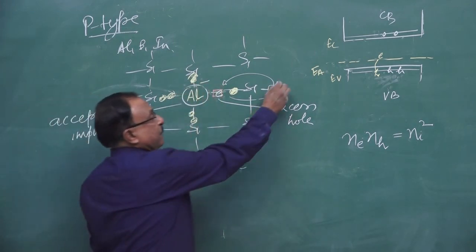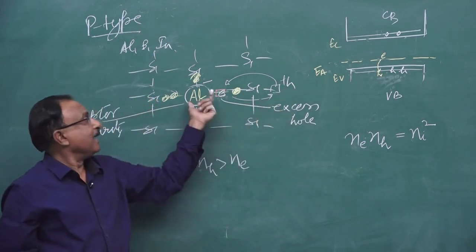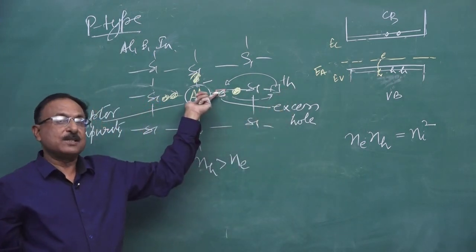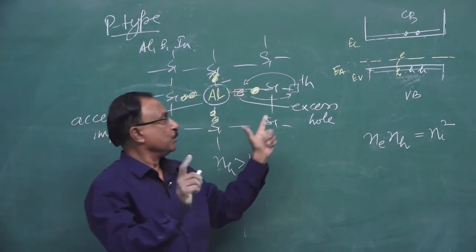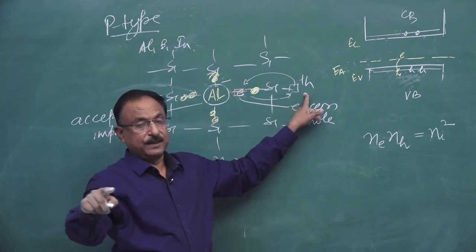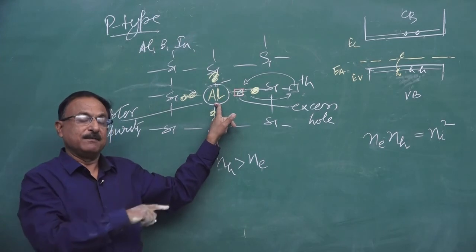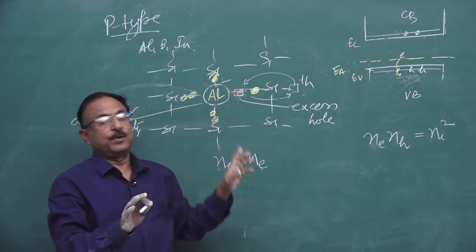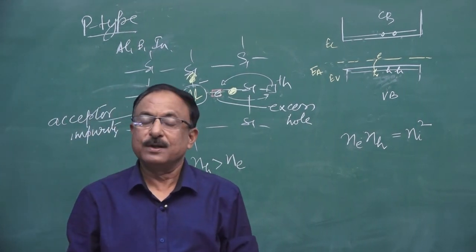So with every positively charged hole which is moving in the lattice structure, a negatively charged acceptor ion will be left behind. So simultaneously two charges will be there: the hole moving in the lattice structure and the fixed, negatively charged acceptor ion. Therefore, like the N-type, the P-type semiconductor is also neutral.